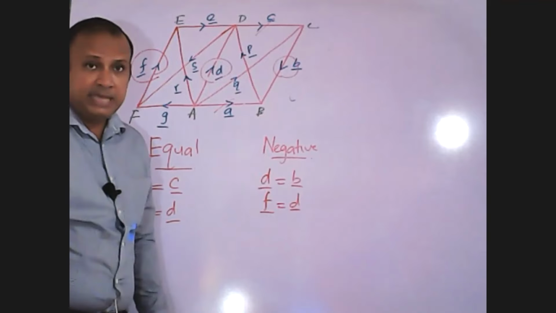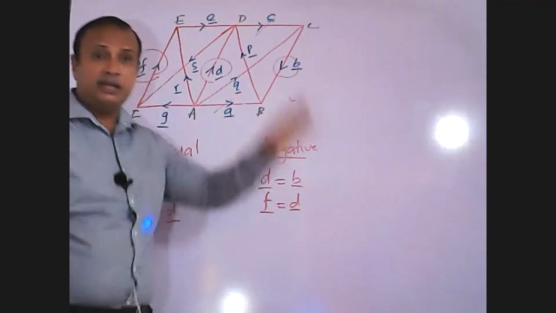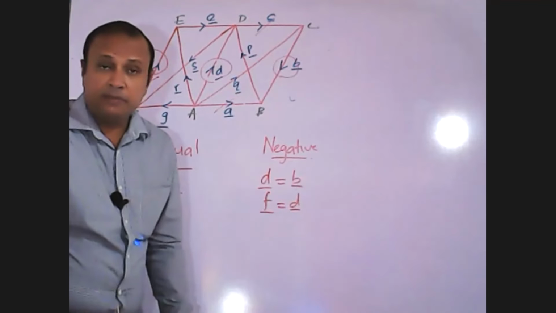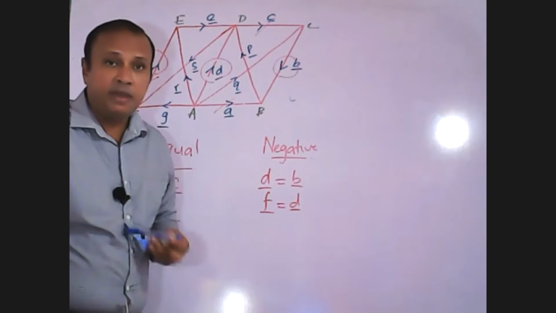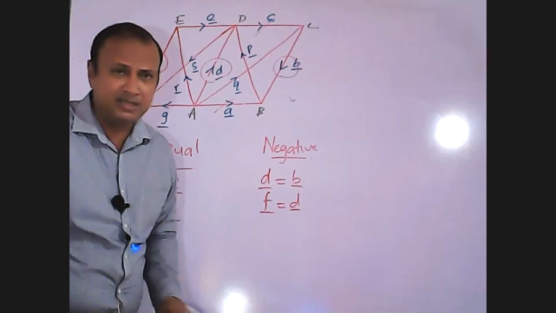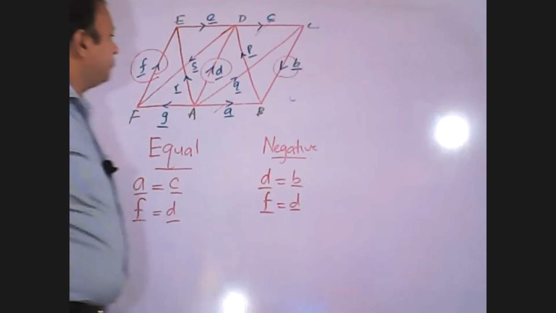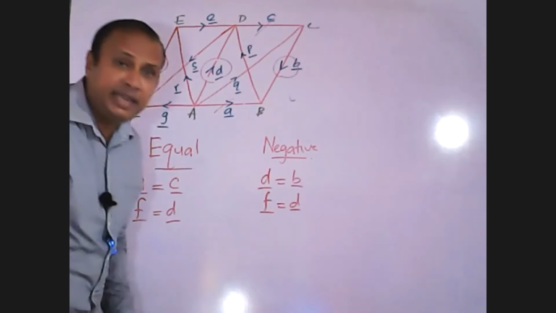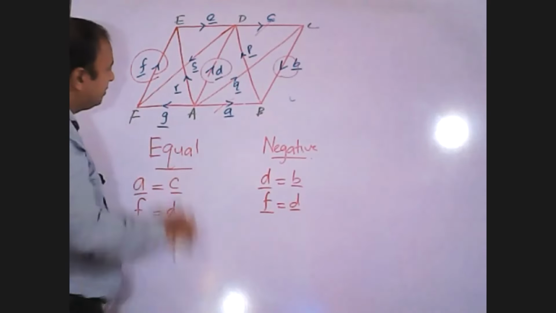If any vectors are equal or negative or reverse, both of them are parallel to each other. So when you are comparing two vectors, they should be parallel. Then take another parallel vectors. Look at this.